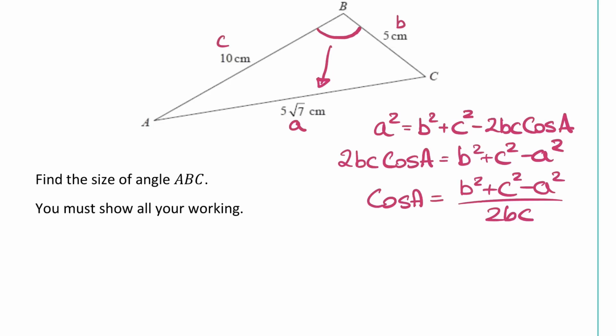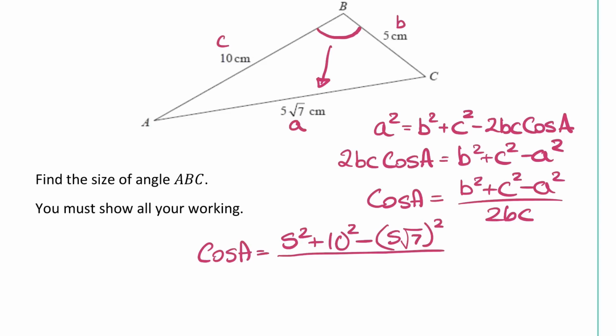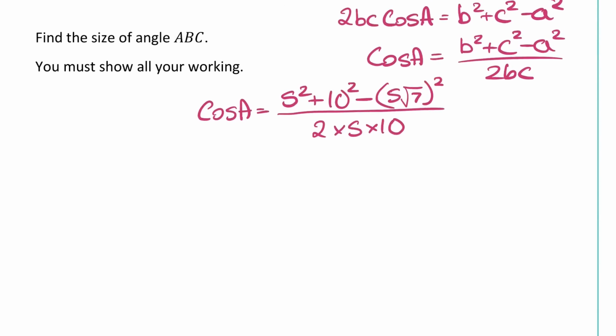So if we plug those into our formula, we have cos A equal to 5 squared plus 10 squared minus 5 root 7 squared, all over 2 times 5 times 10, for b and c.